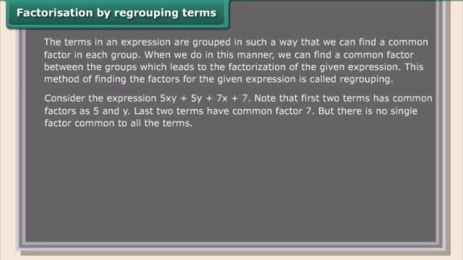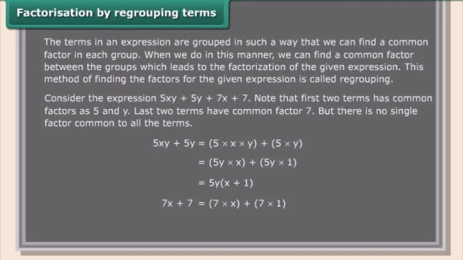But there is no single factor common to all the terms. 5xy plus 5y is equal to 5 into x into y plus 5 into y, which is equal to 5y into x plus 5y into 1, which is equal to 5y into x plus 1. 7x plus 7 is equal to 7 into x plus 7 into 1, which is equal to 7 into x plus 1.